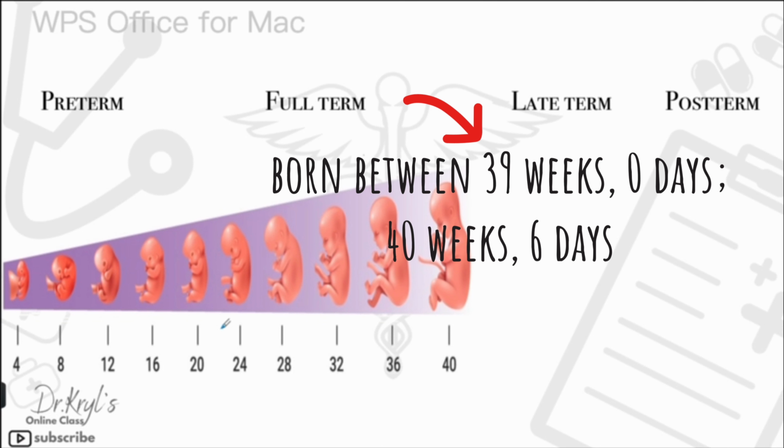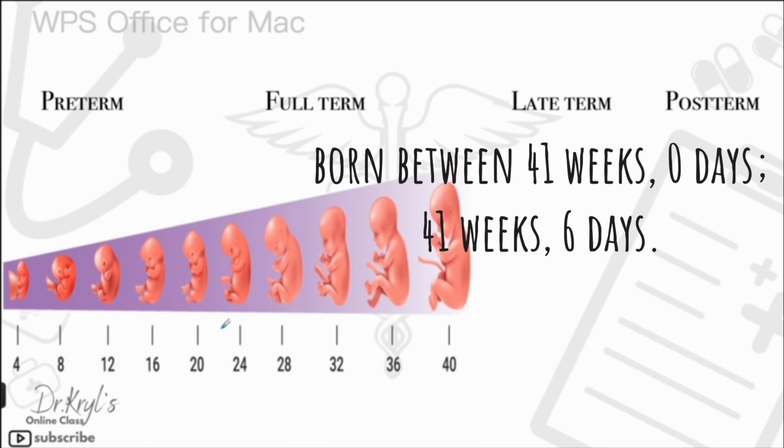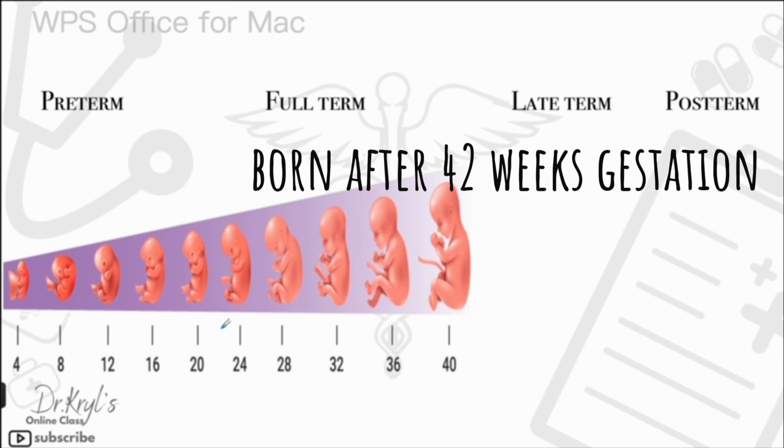It can be 40 weeks and 6 days and still be considered full term. But if it is late term, the baby is born between 41 weeks up to 41 weeks and 6 days. And when we say post term, the baby is born after 42 weeks.